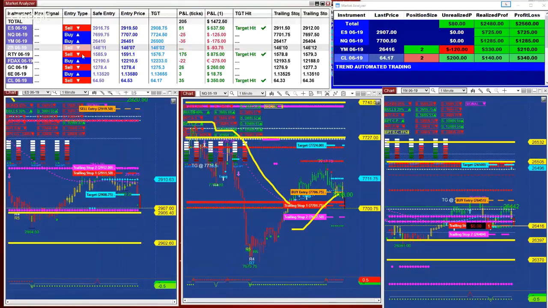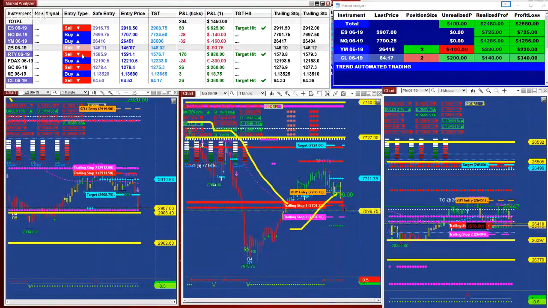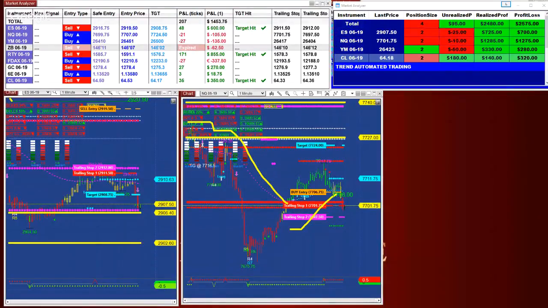There is nothing we can do with the sell position because we're still in the sell position on the Nasdaq, on the ES. But if this ES decides to drop below the 906, that means we are going to have a new sell signal on the YM and the Nasdaq. Then we can take the Nasdaq and the YM. So at the moment, hands off until we see what this market decides to do.